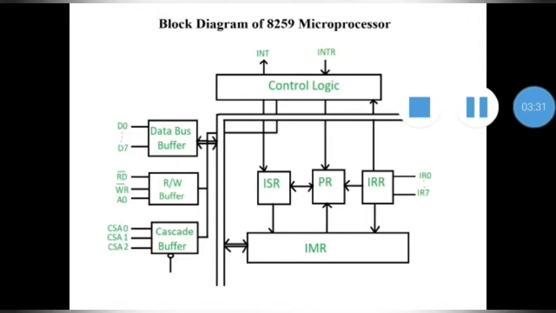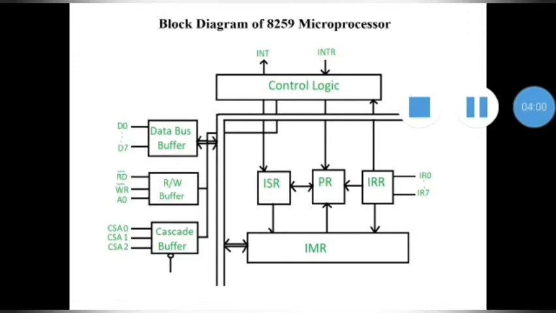So you get the difference between IRR and ISR. IRR, the interrupt request register, is used for just storing the interrupt requests that the processor wants to process, and ISR, the in-service register, is used to store the interrupt requests which are being processed.